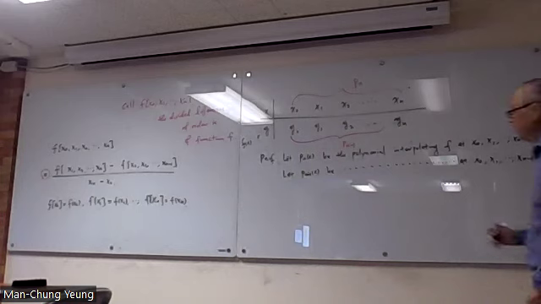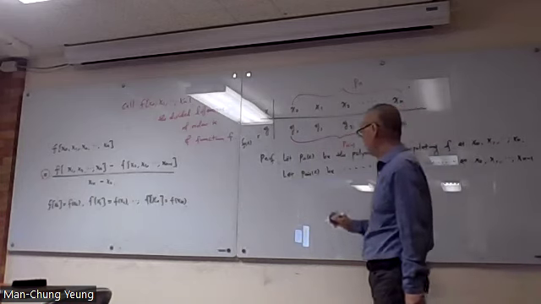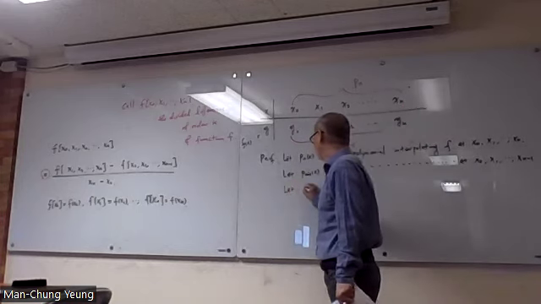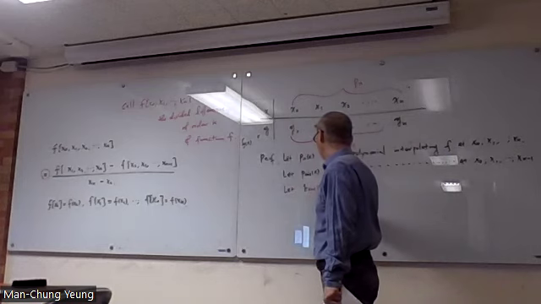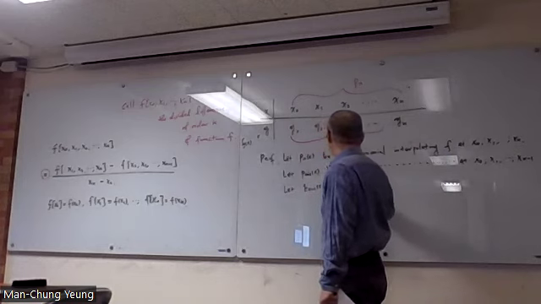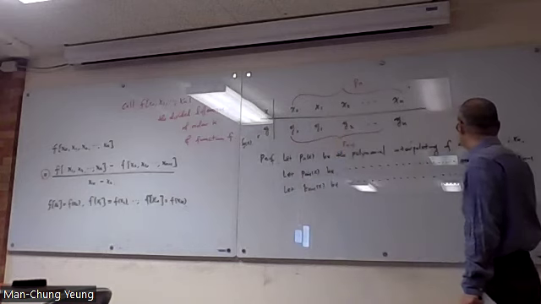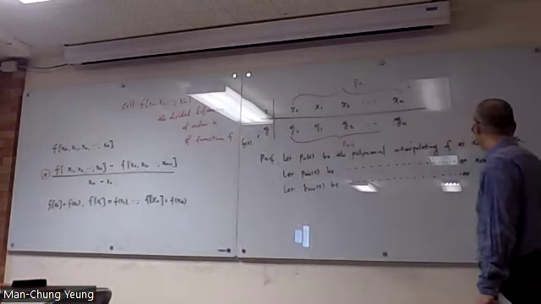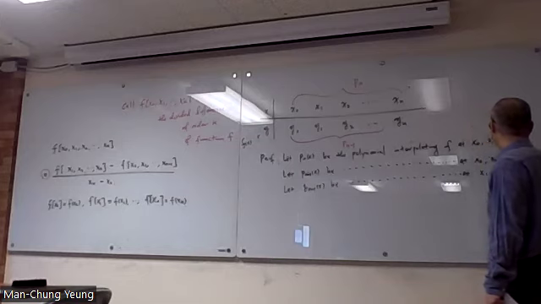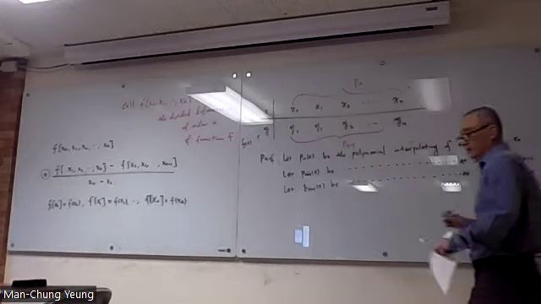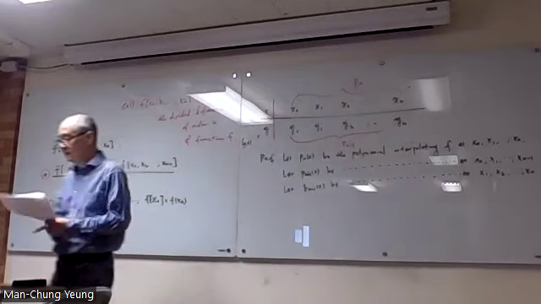Further, let q_{n-1} be the polynomial interpolating function f at x1, x2, up to xn. Let me use a different color.